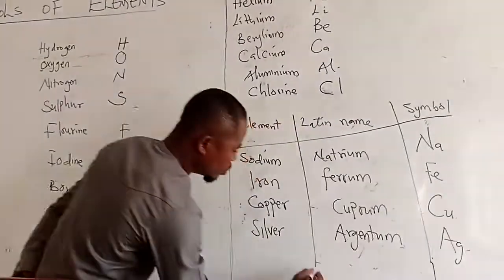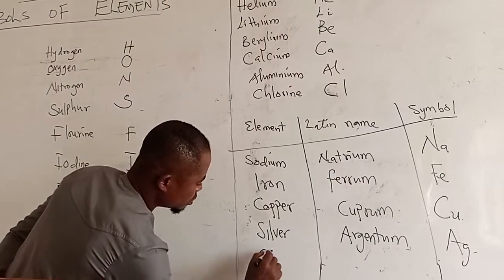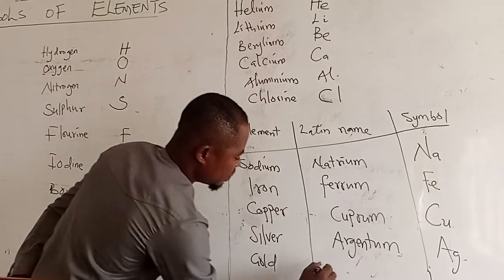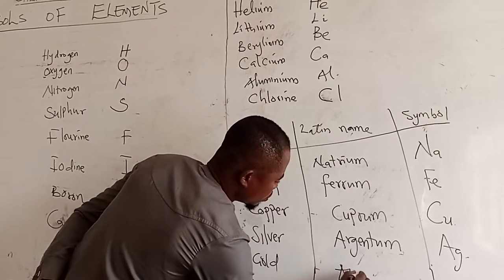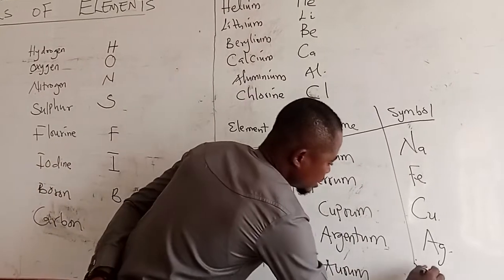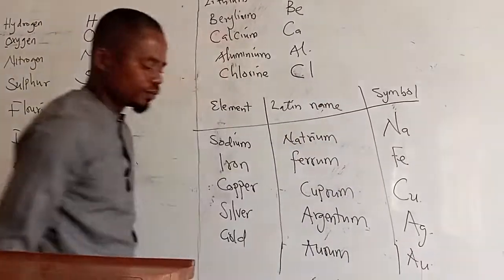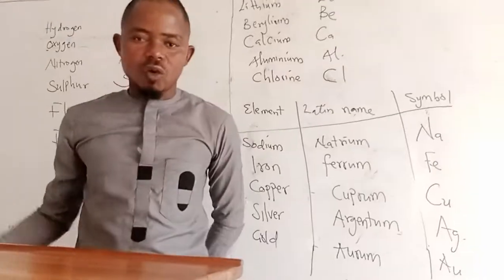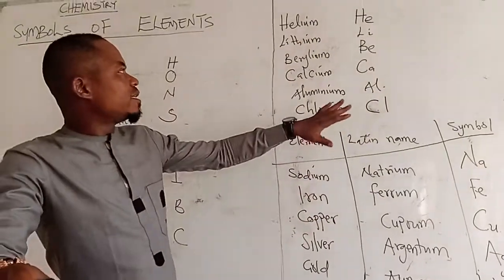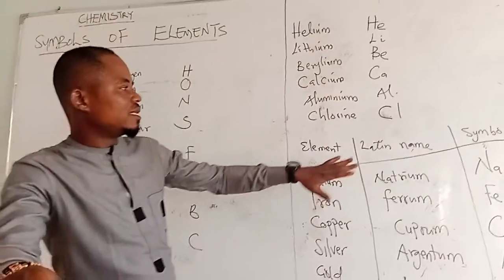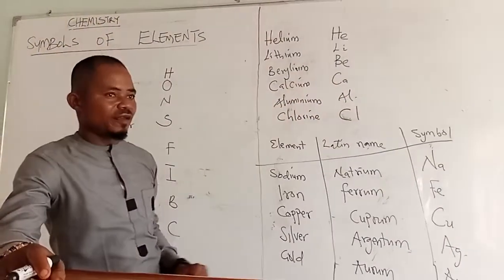I also have gold. The Latin name is aurum, denoted as Au. So, in writing symbols of elements, this is the way their symbols have been derived.